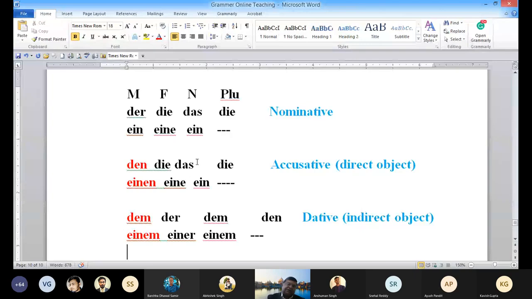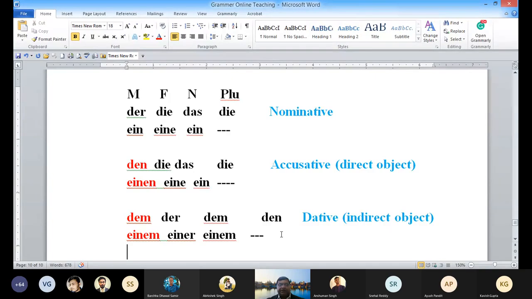Rather, the articles which are used before the nouns are the determiners of the exact meaning of the noun, whether that particular noun is masculine or feminine or neuter, singular or plural, subject or object, and further whether that is direct object or indirect object. So one article will tell you the exact meaning of the noun. That's why it's essential to understand properly the important role of these articles.